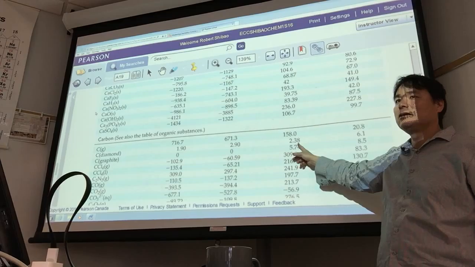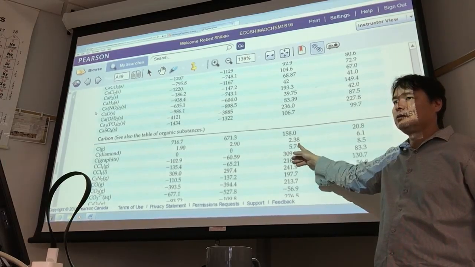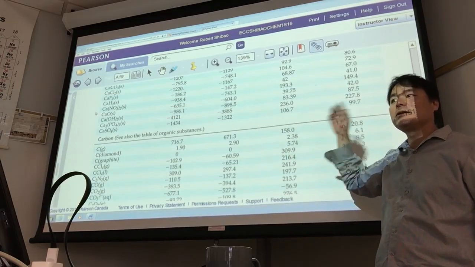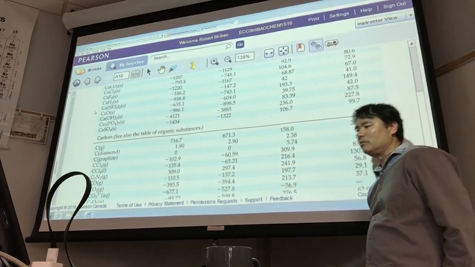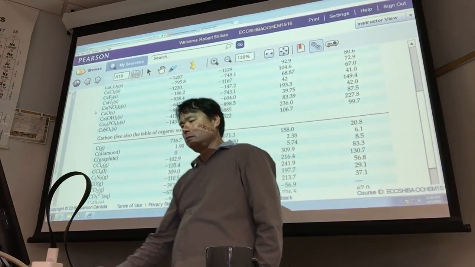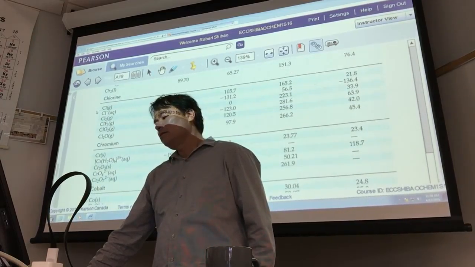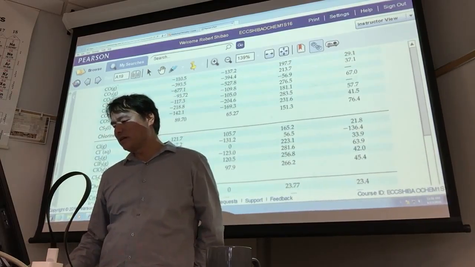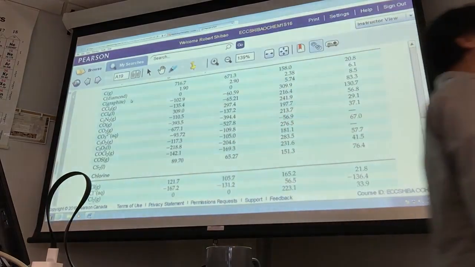In fact, you know what the lowest entropy is on this table? 2.38. It's the lowest entropy on this table, diamond. And so, well, what about the highest entropy? We could go through and take a look. And so this gives us ways to generalize. So first we take a look at the numbers and get an idea, but it turns out that entropy calculations are quite easy.